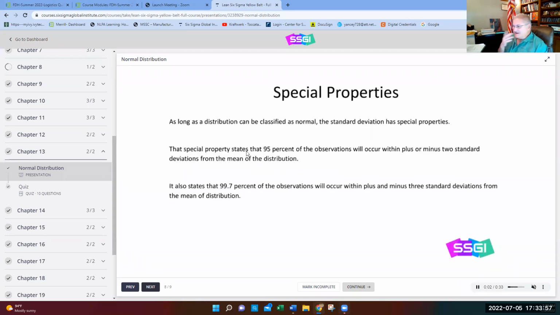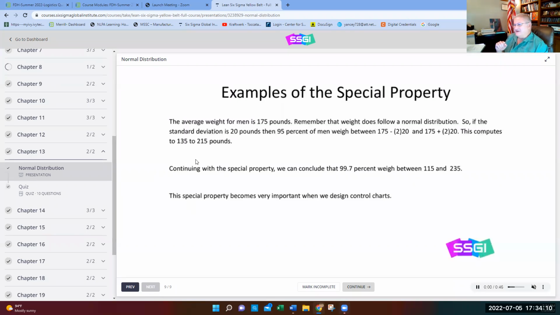If you look at this, it's talking about how 95% of the observations will occur within plus or minus 2 standard deviations of that middle. We looked at those standard deviations before. In this one, it's talking about the average weight of a guy being 175 pounds, and if it follows a normal distribution, then 20 pounds lighter or heavier would be within that first standard deviation.